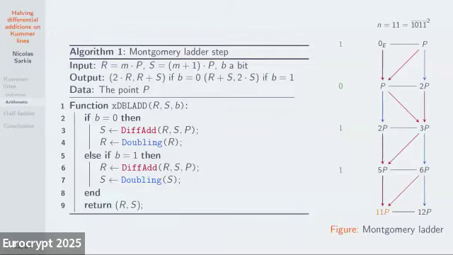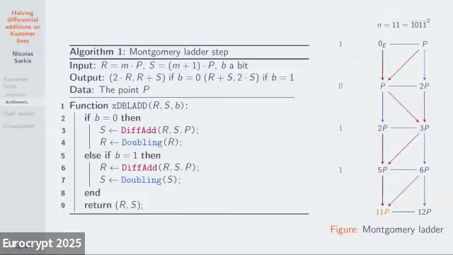And the main idea is that at each step, the difference between the 2 points is always the base point P you're trying to compute. So you always know the difference to perform your differential addition. Here the difference is P, here the difference is still P, and it's again P. So this is how we do scalar multiplication on an elliptic curve with the x-only coordinate.